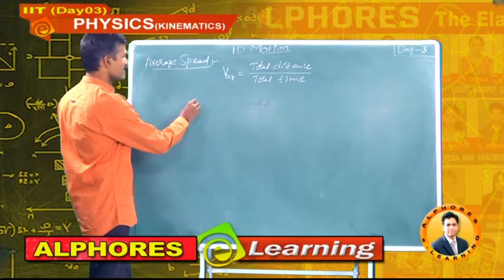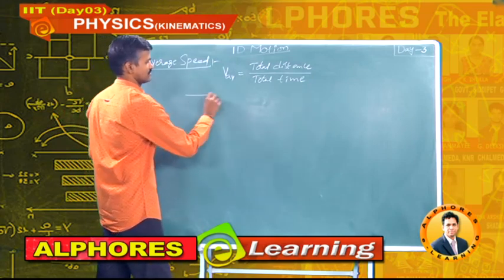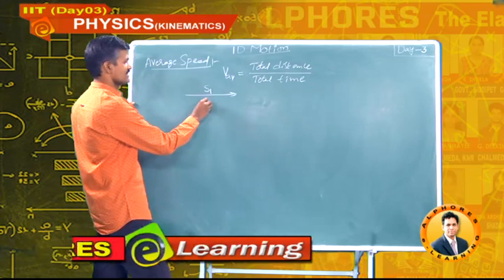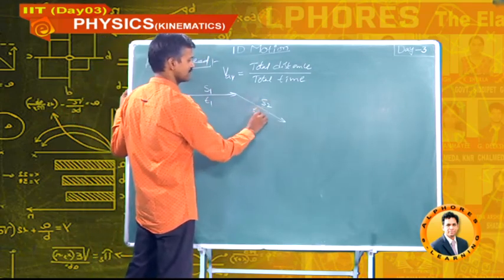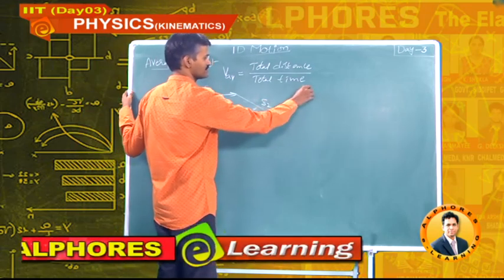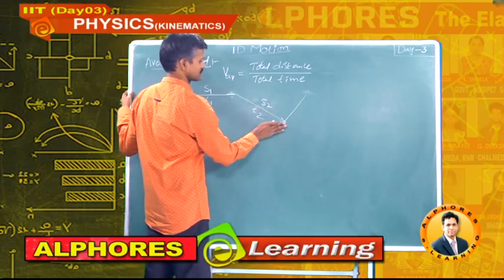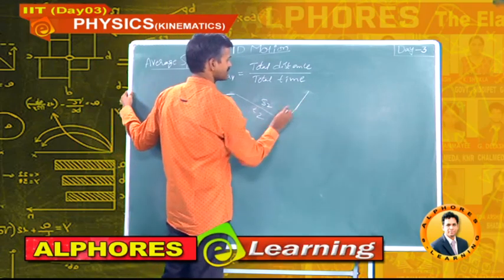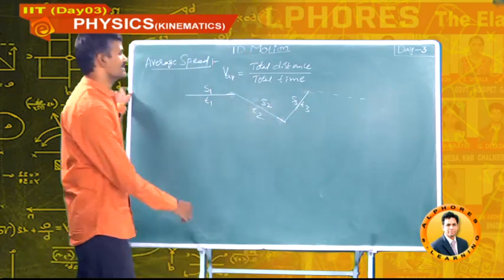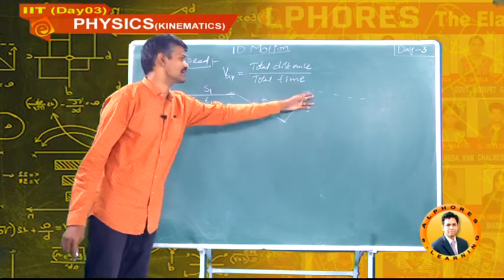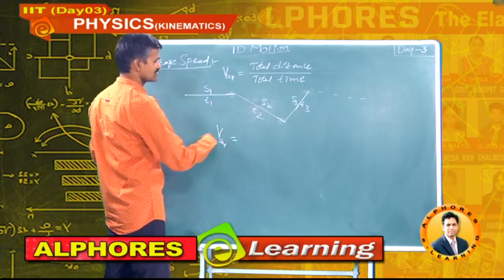Suppose a body travels some S1 distance in T1 time, some S2 distance in T2 time, and some S3 distance in T3 time, and so on. How to calculate the average speed of this journey? The average speed is the total distance travelled by the body.